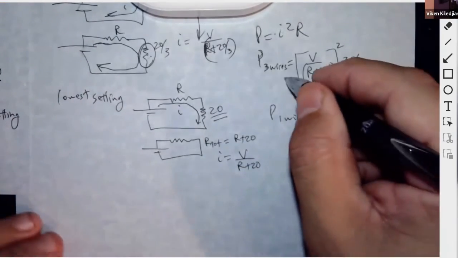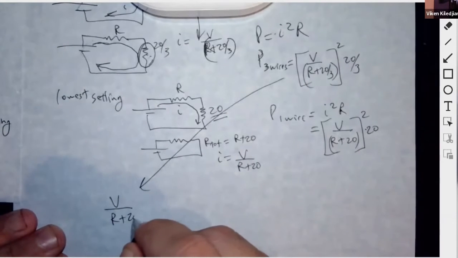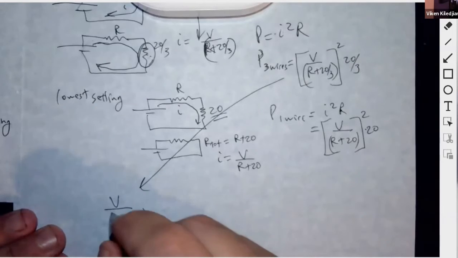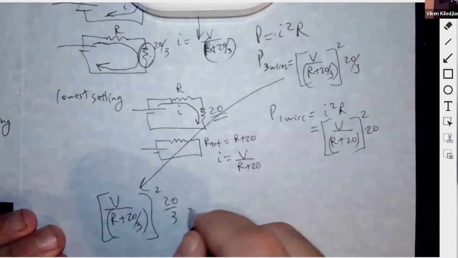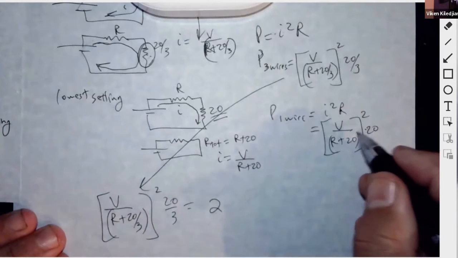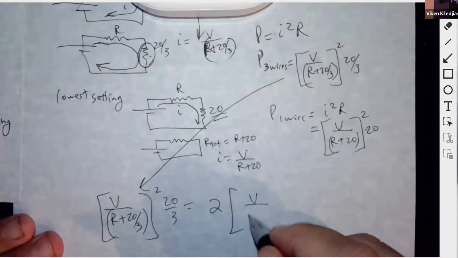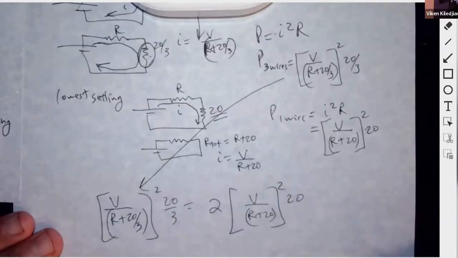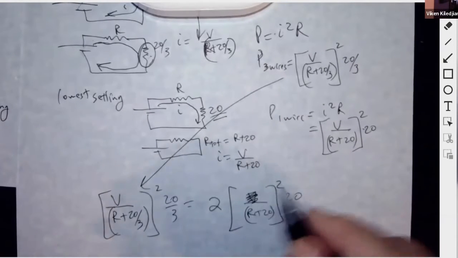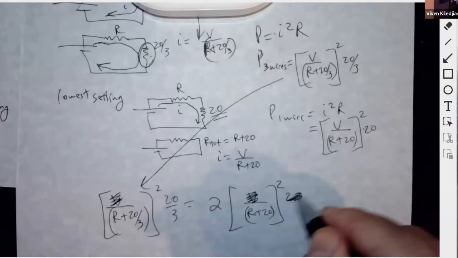So you want the hottest setting to be twice this. So then the condition is that you want this guy to be twice of this guy. And then the V's cancel. And the 20s cancel.